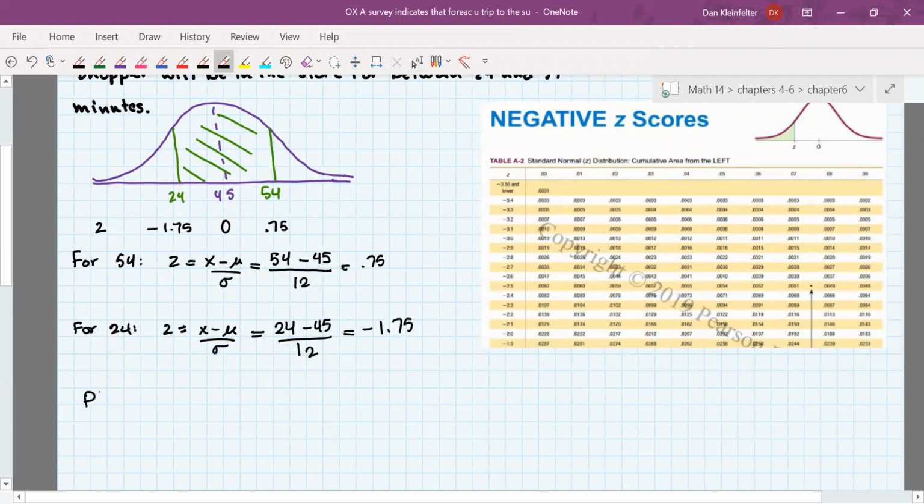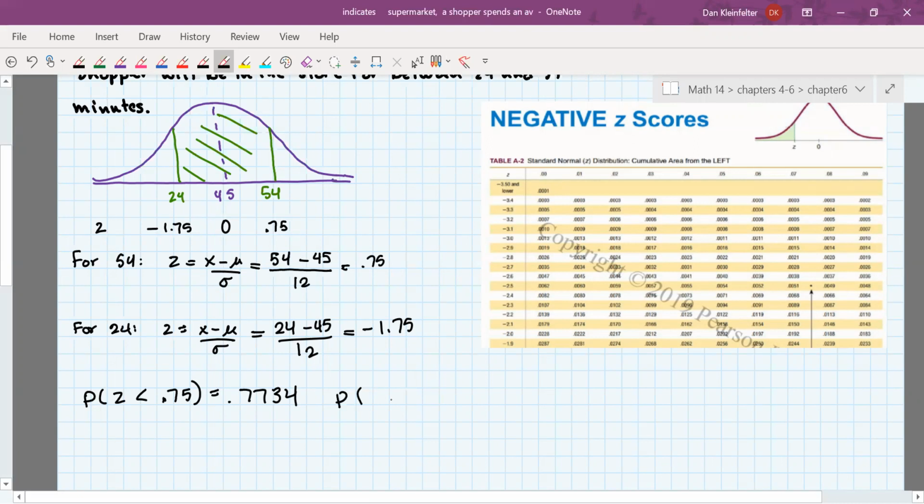So using our z-table, the probability that z will be less than 0.75. Looking at our table, 0.75 will give us an area of 0.7734. All right, and then for the other part, we're going to use our new negative z-score table.